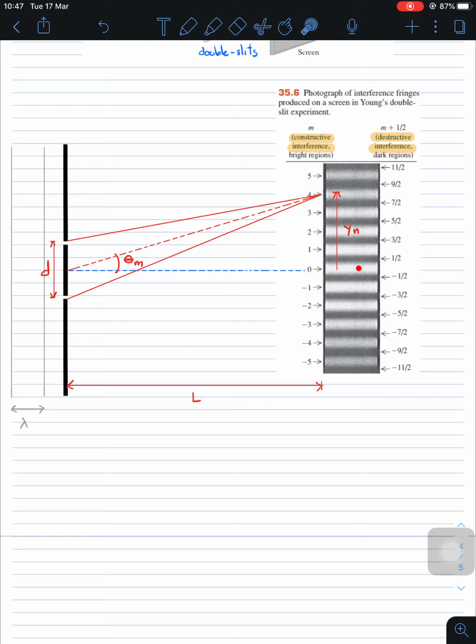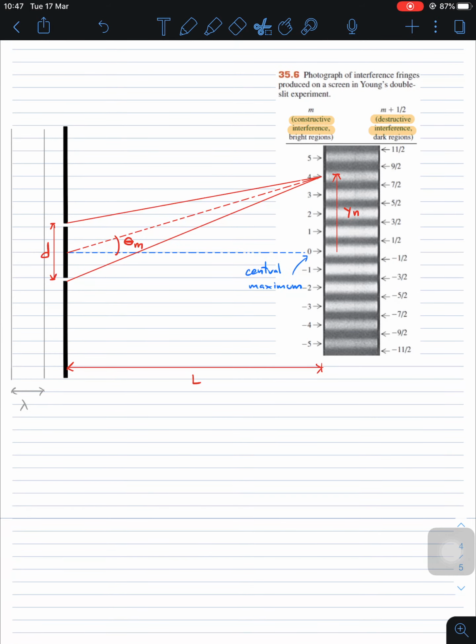The central bright fringe is called the central maximum. So this order is just called the central maximum, which is the highest brightness at the center.